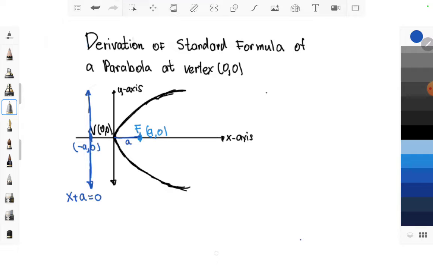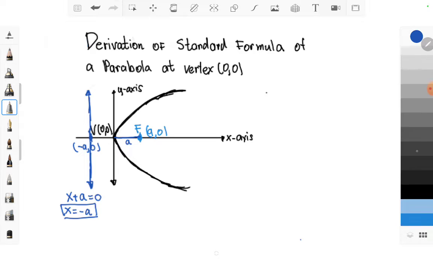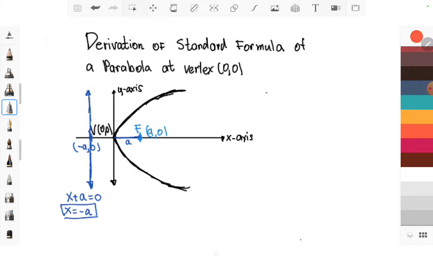Okay, so any value of y will have an x equal to negative a, so x is equal to negative a.